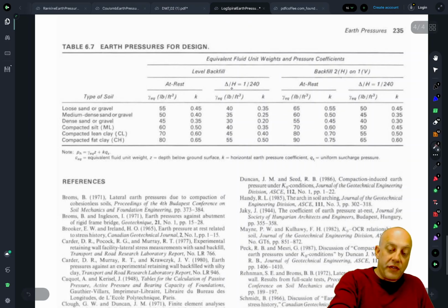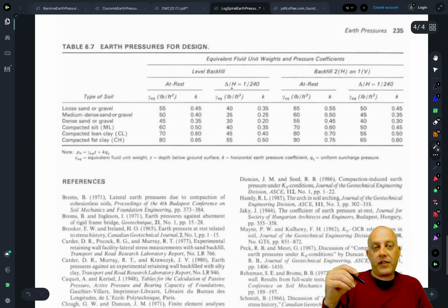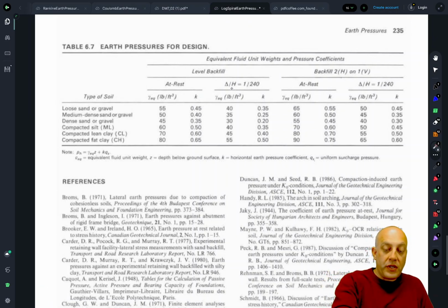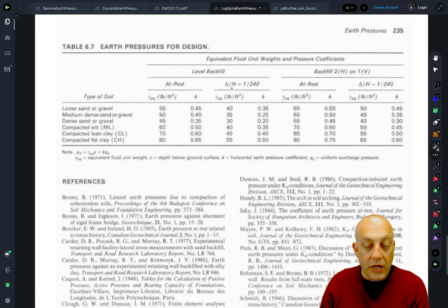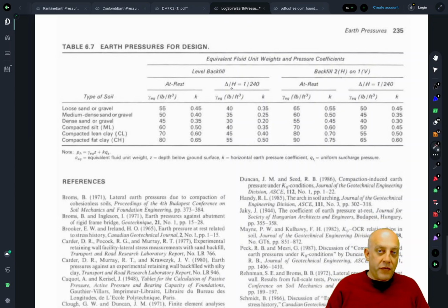Okay, and then within each of these, you've got the equivalent unit weight and the K factor, right? And then those are broken down into different soil types. So here we have loose sand or gravel, with an equivalent fluid unit weight of 55 pounds per cubic foot. Sorry for those of you who like SI units, this is in English units.